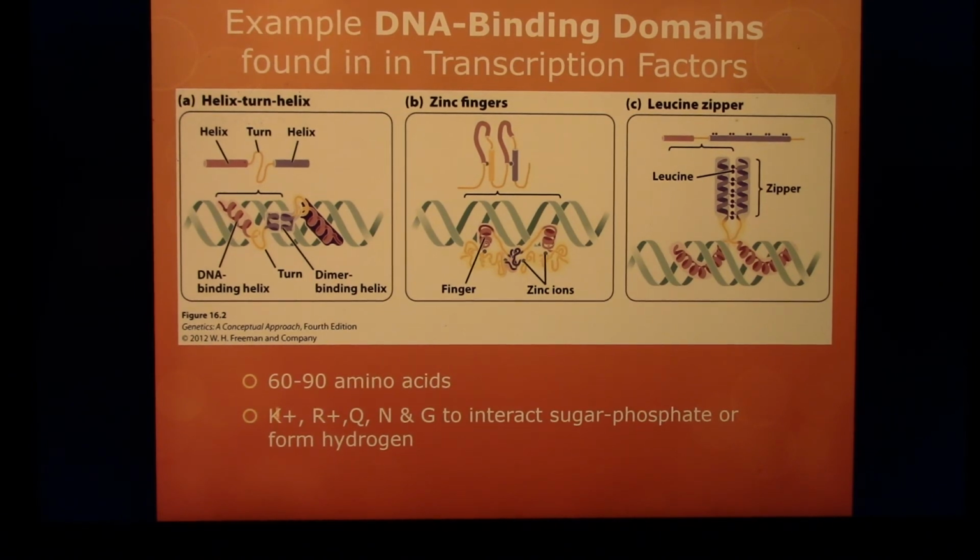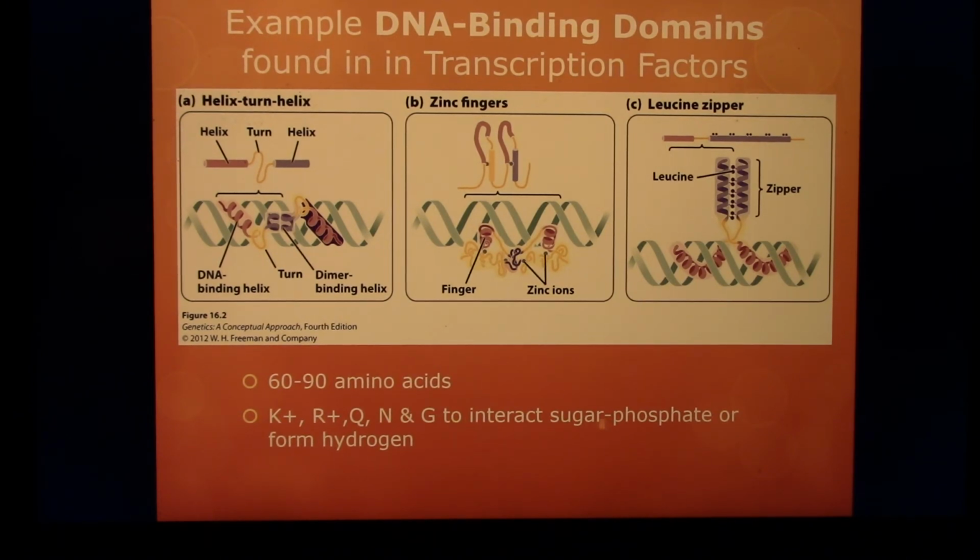We've got positively charged amino acids such as K, which stands for lysine, R, which stands for arginine. Those are positively charged amino acids. And then these three, or at least these two, are polar. Glycine is not polar, it's nonpolar, so it might be part of these turns that aren't associated with the DNA.